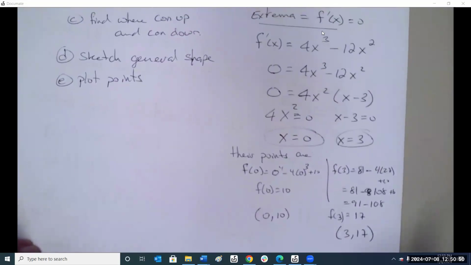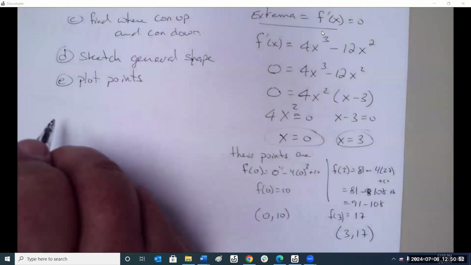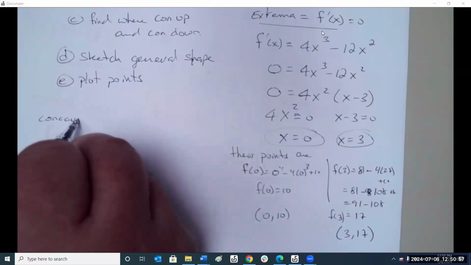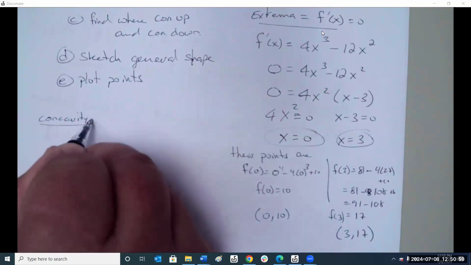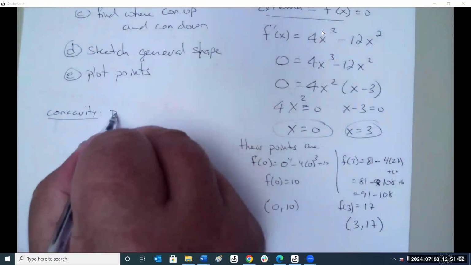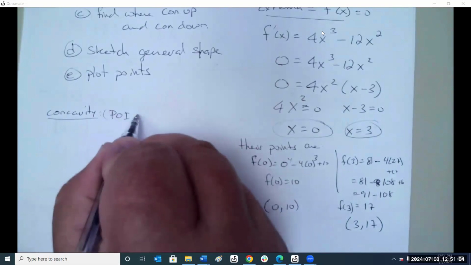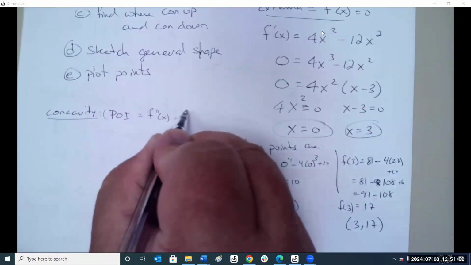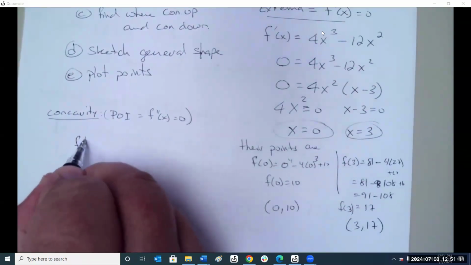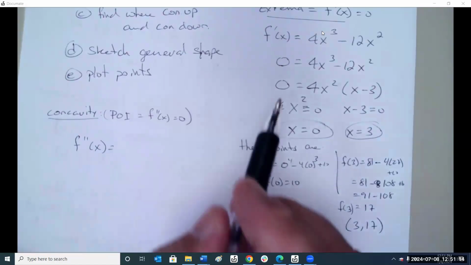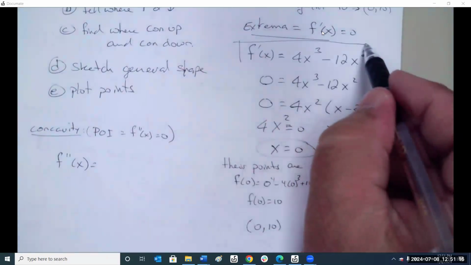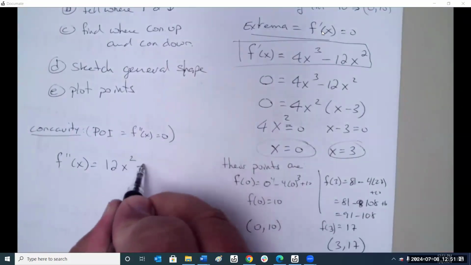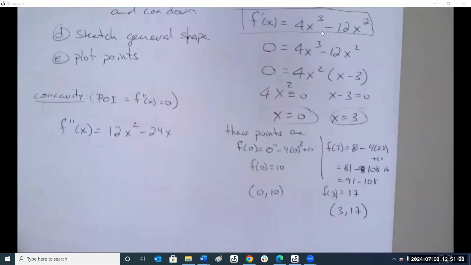So where is it increasing, decreasing? So let's find the concavity. The next one is find concavity. We're looking for the point of inflection, which is the second derivative set equal to 0. So it's 12x squared minus 24x.